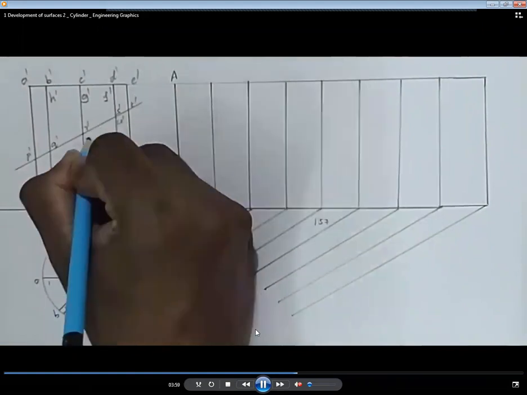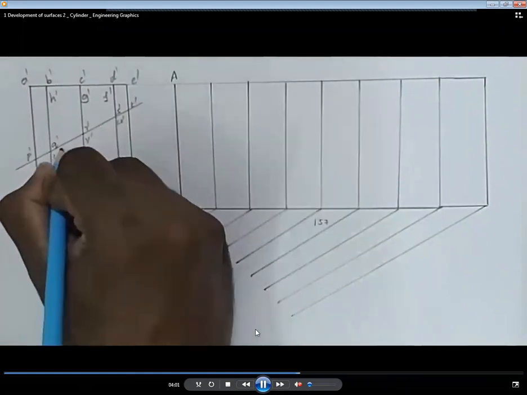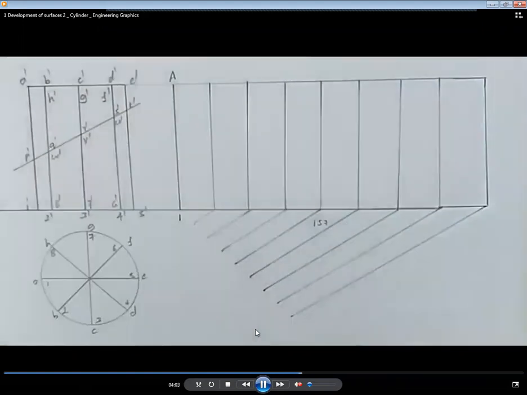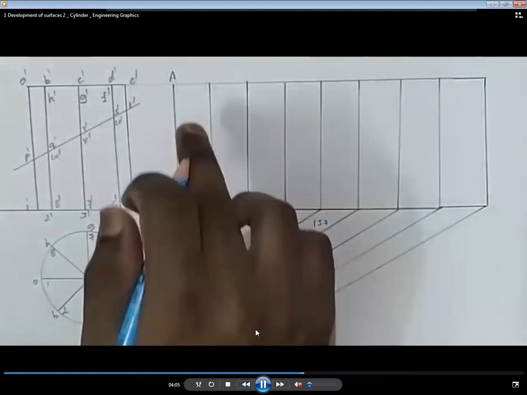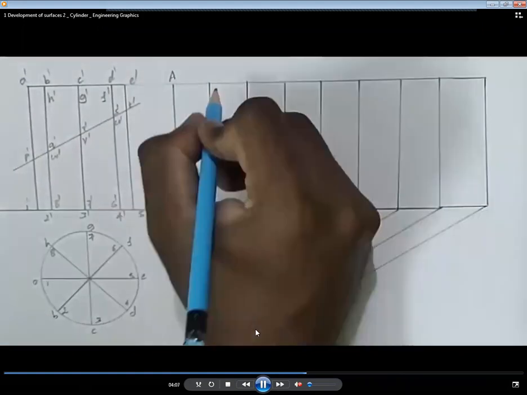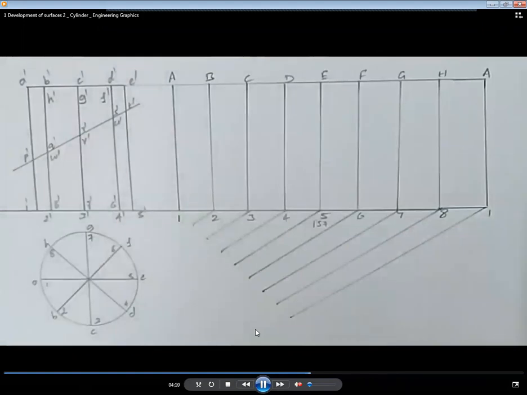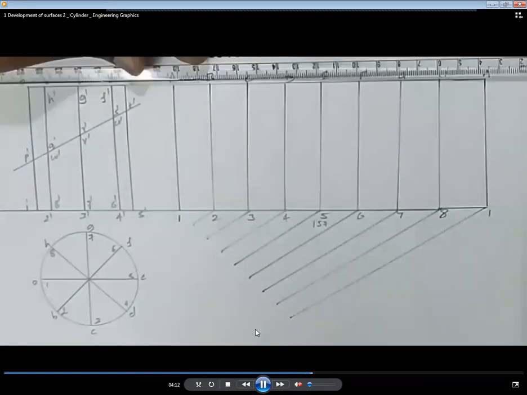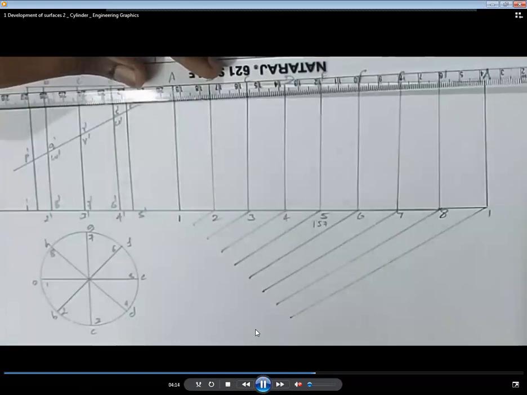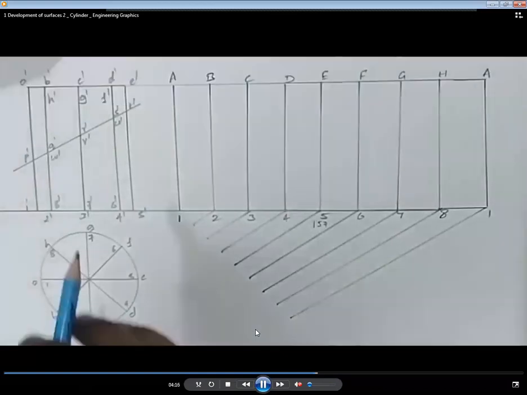We have cut it at the angle given and just give the names accordingly: P, Q, R, S, T, U, V, W. Or else if you want, you can give P dash, Q dash, P1 dash, P2 dash, P3 dash. And just mark these points on the respective numbers.